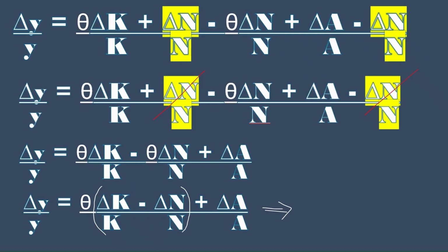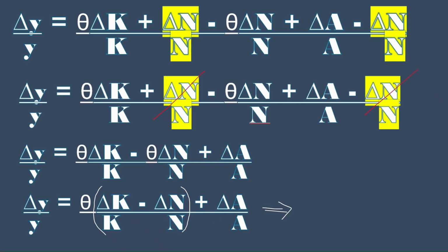So in step 4, all we did after cancelling is, this is what our equation would then look like. And then all we do is we bring the terms together. Notice both terms have theta, so we can take out theta. Then we have our brackets and we have the inside.